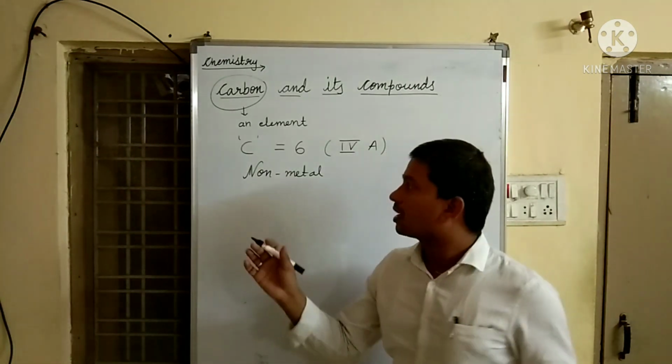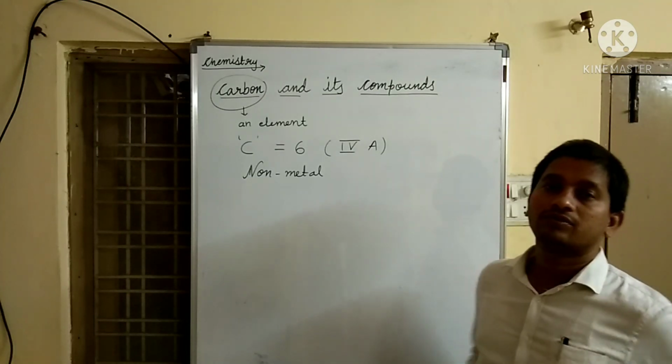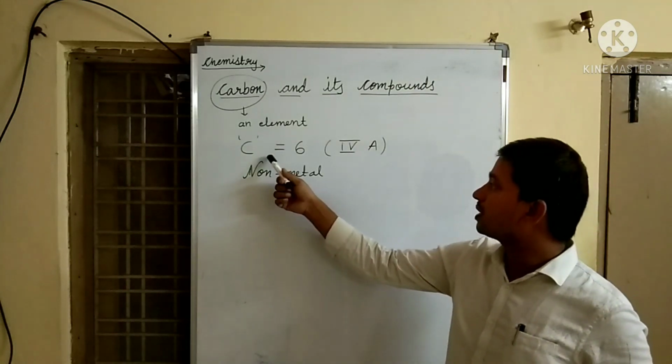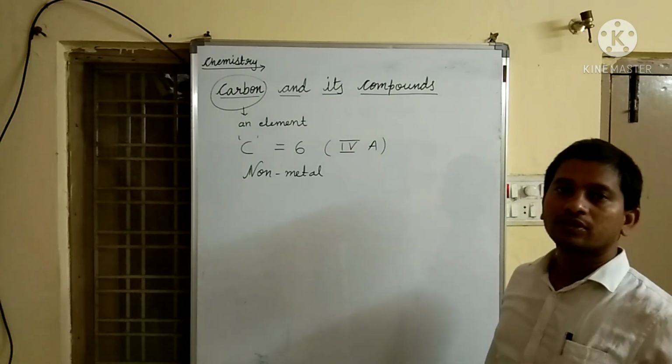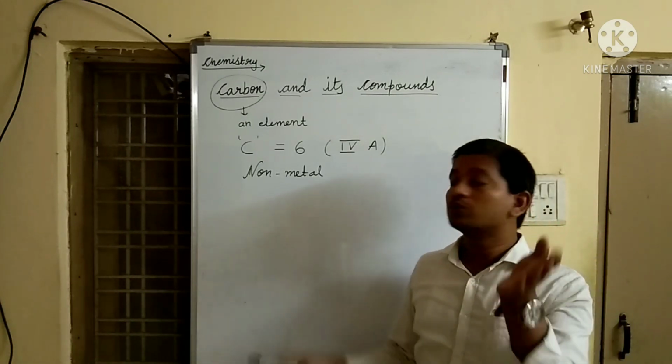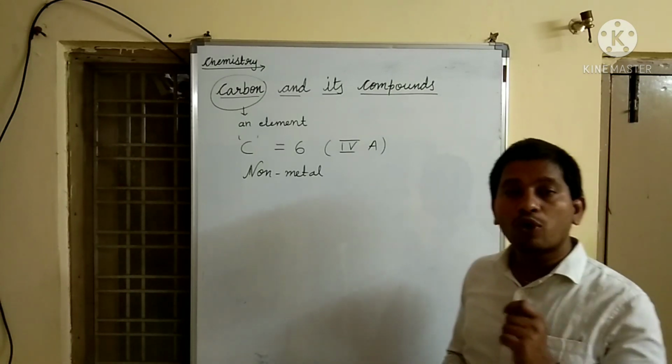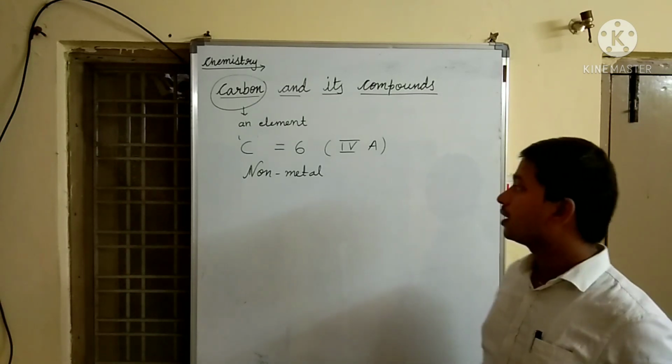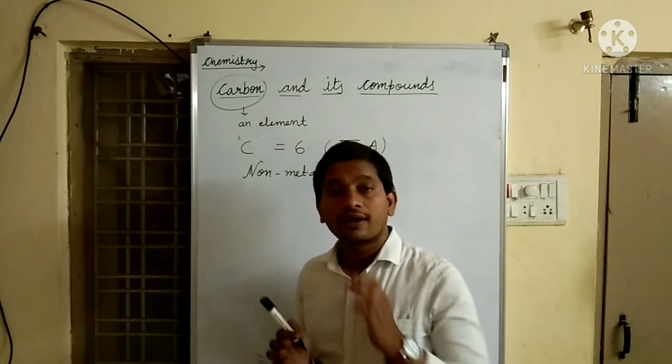So carbon is an element whose atomic number is 6, it belongs to group 4A in the modern periodic table, and it is a non-metal.